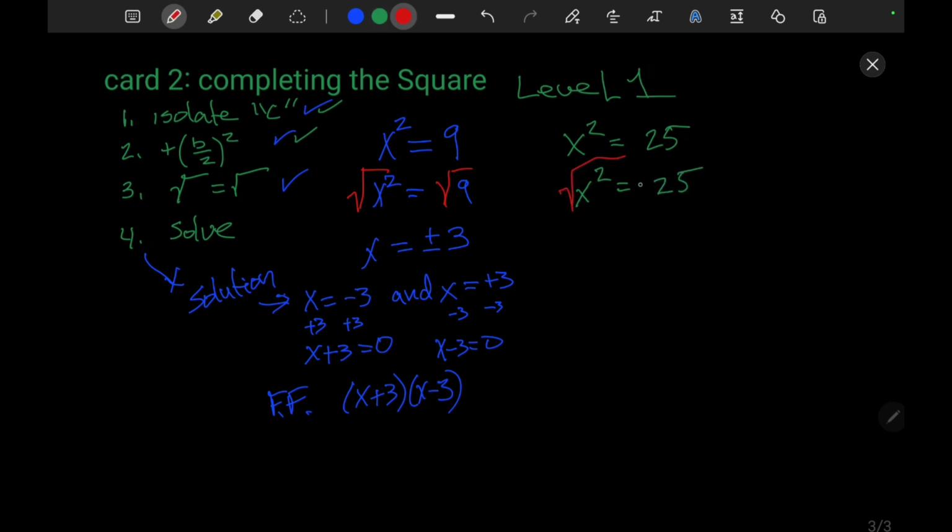I'm left with x equals plus or minus 5, which gives me x equals negative 5 and x equals 5. This is my solution. I can check it by taking it to factored form. That's what I want on level 1 cards, okay? Completing the square, level 1 cards.